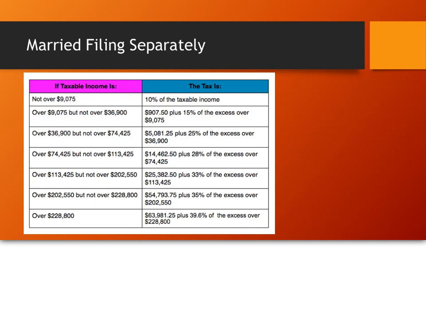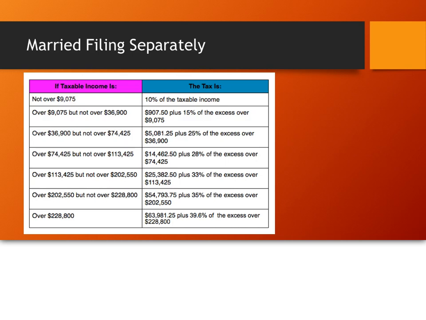Now, one thing you should know is the following. There are different tax brackets for different marital statuses. Okay? So the first two of those we looked at were for single people. And single people always have to file individually. However, married couples have a choice. They can either file jointly or separately.